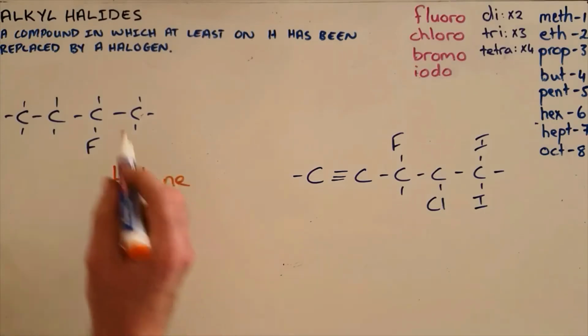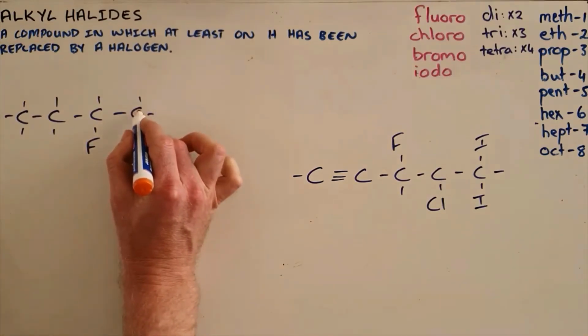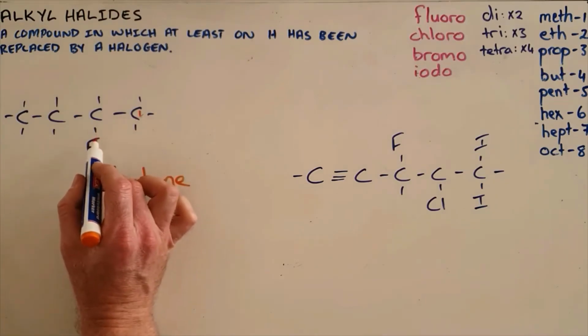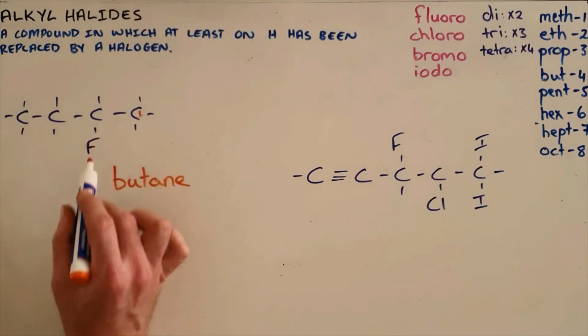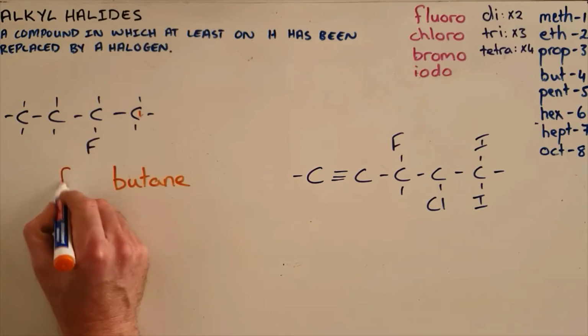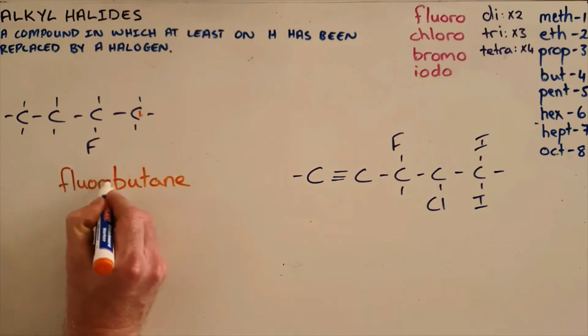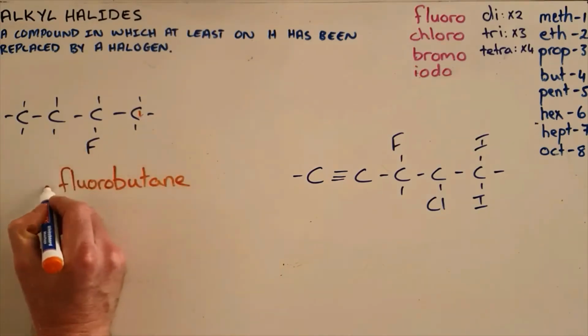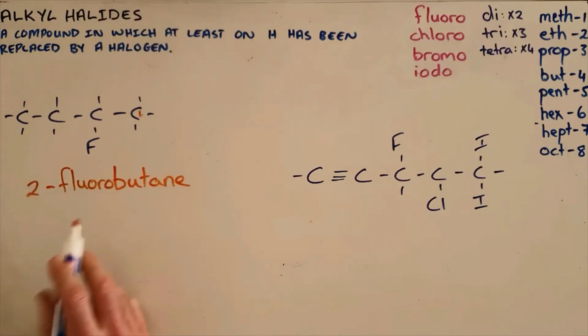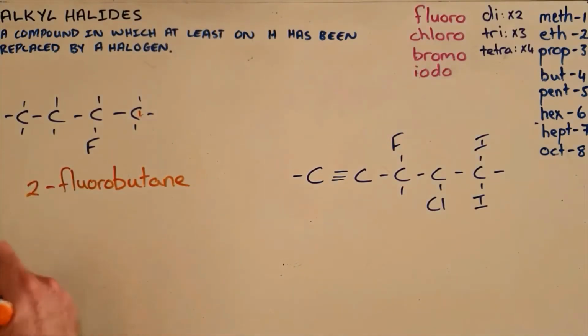But now as we can see that by numbering from the right hand side, there is a fluorine in place of a hydrogen on the second carbon, so we would therefore name this fluorobutane, and again the position is important, so we call it 2-fluorobutane. This can now be applied to any organic compound that includes alkynes.